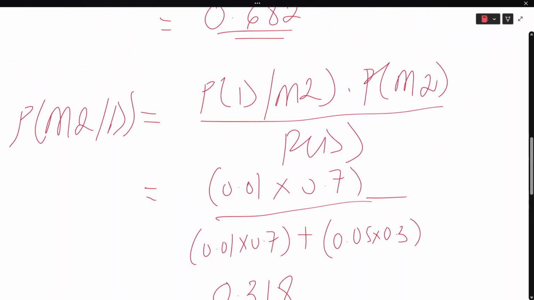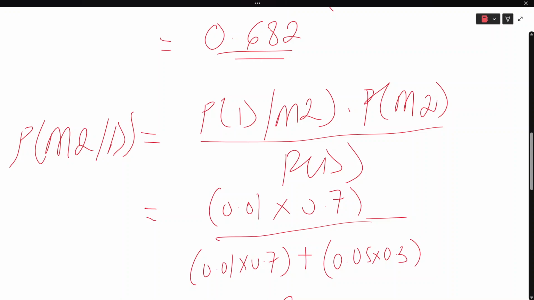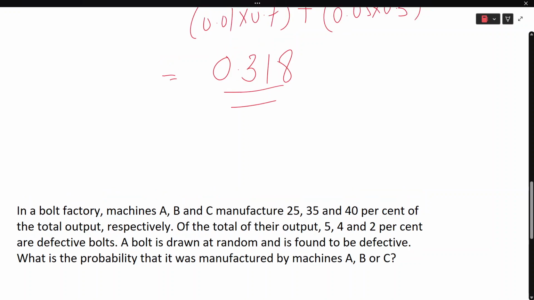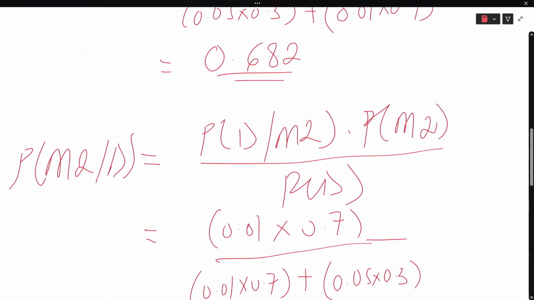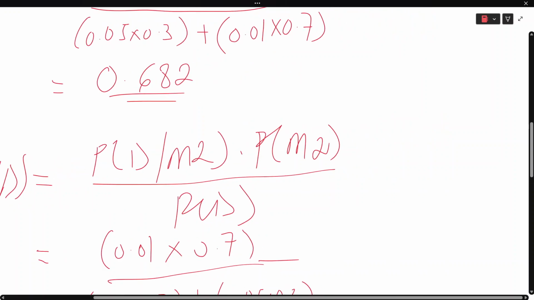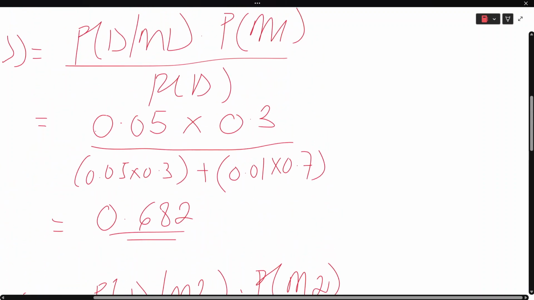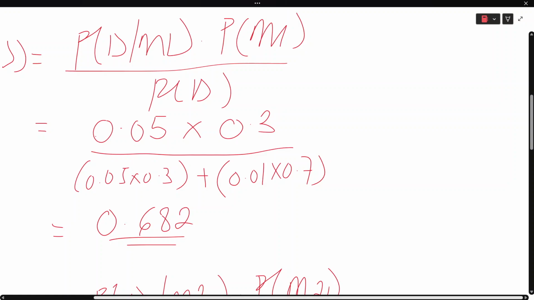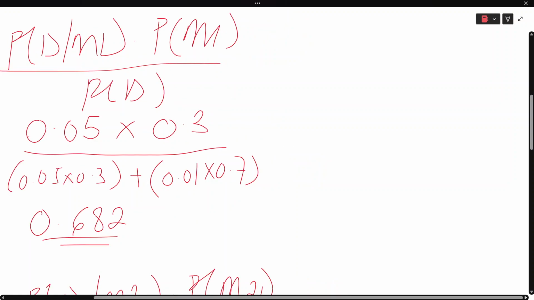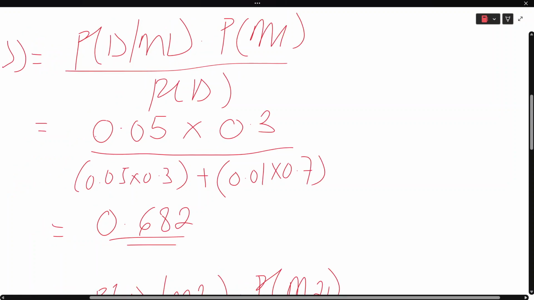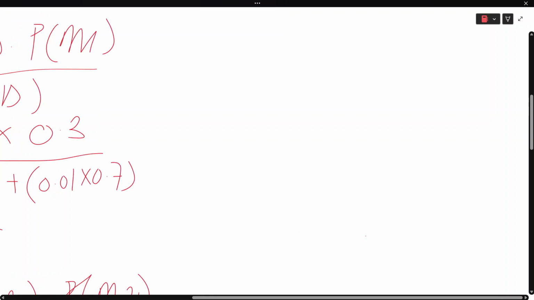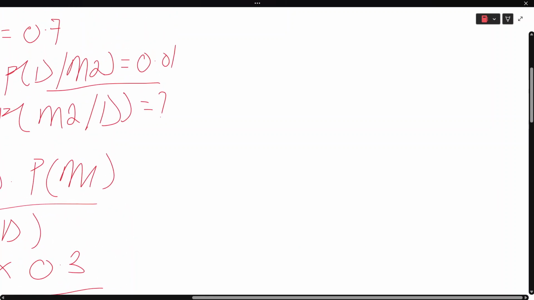Alternatively, we can summarize this in table form to find the answers. And let's do that. So we have event.